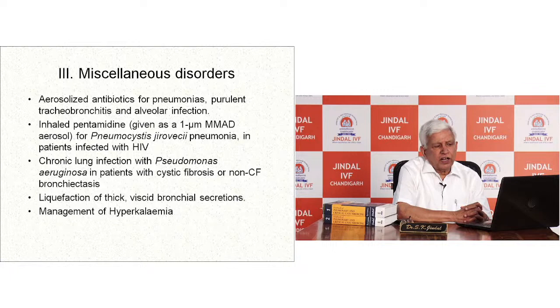Then there are chronic lung infections with Pseudomonas aeruginosa in patients with cystic fibrosis and even with non-cystic fibrosis bronchiectasis. So that is another important indication. Pseudomonas is almost a kind of resident microorganism in the bronchiectatic cavities, and aerosolized antibiotics achieve better results.